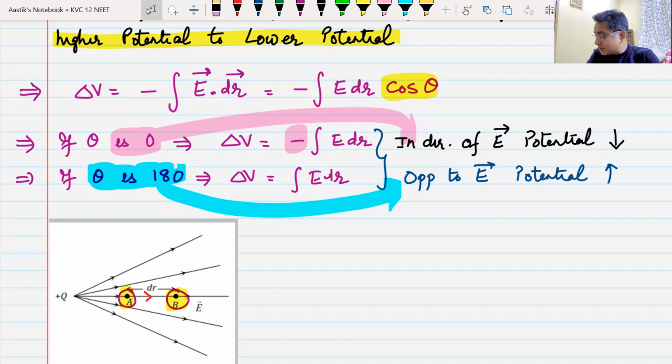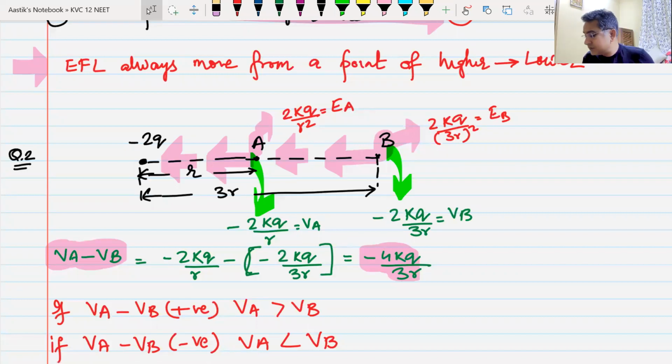I also tried to make you understand this before, but I can see that you are not paying attention these days. I had given this same concept to you before also, but I don't know why you are not paying attention. Electric field lines always go from a point of higher potential to lower potential.